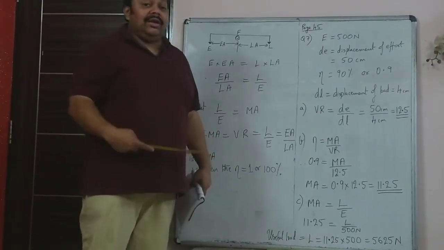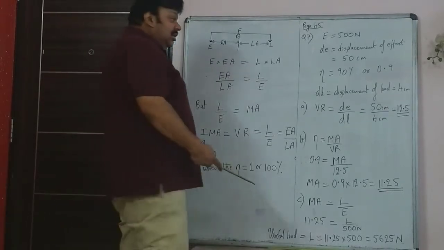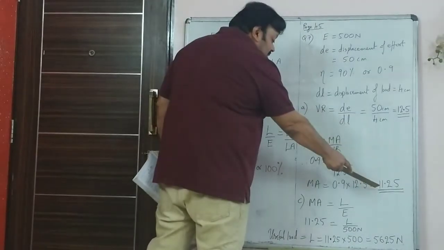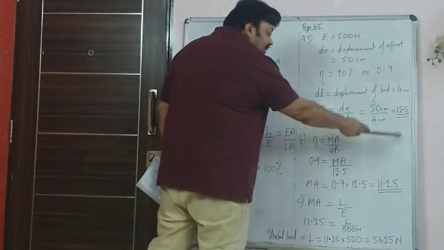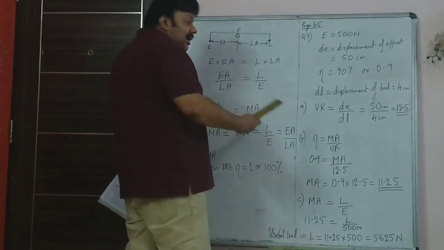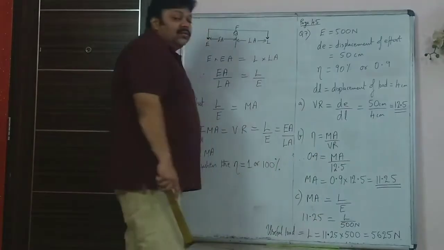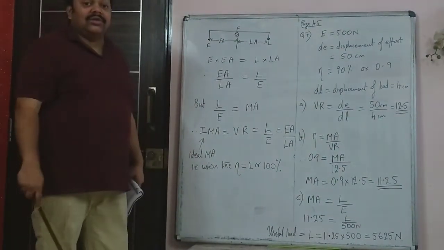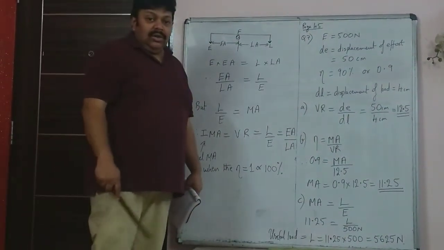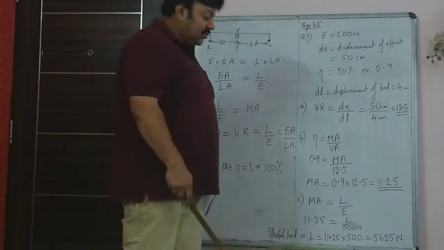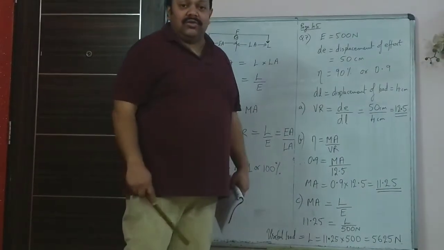Had it been the ideal case, then the VR's value and MA's value would have been same. In that case, the total load lifted would have been 12.5 into 500, which would have given you 6250 Newton.